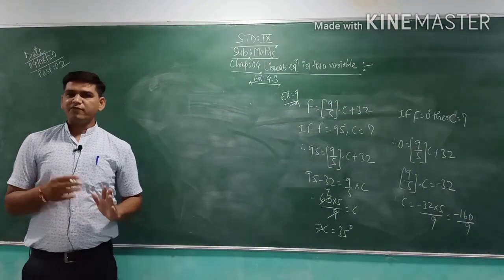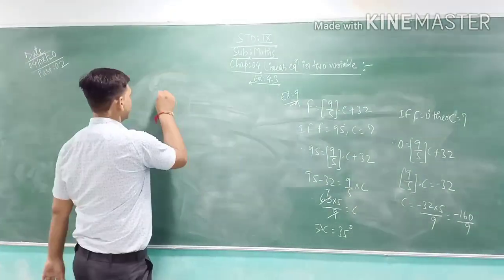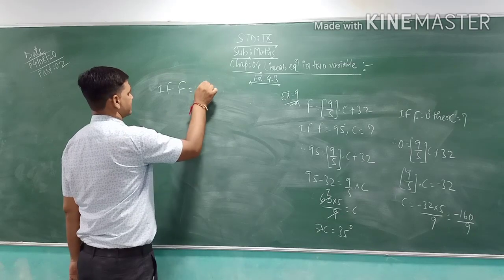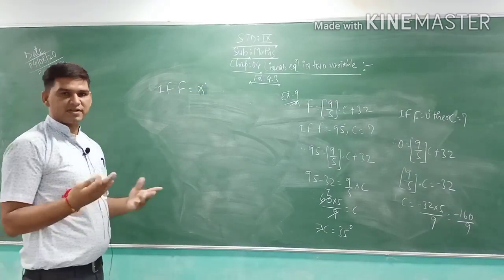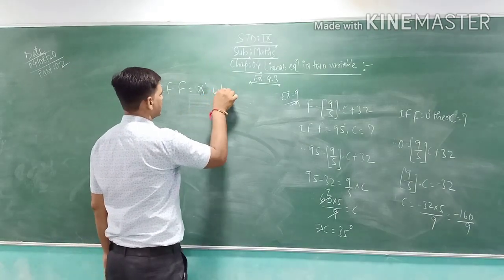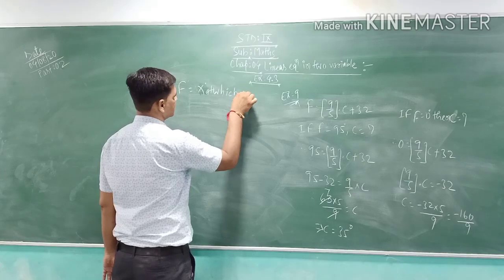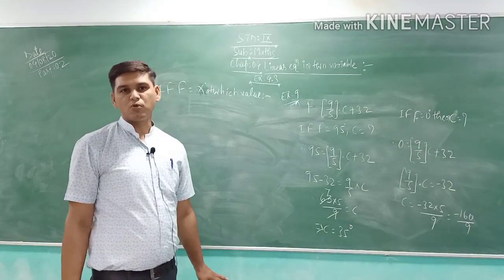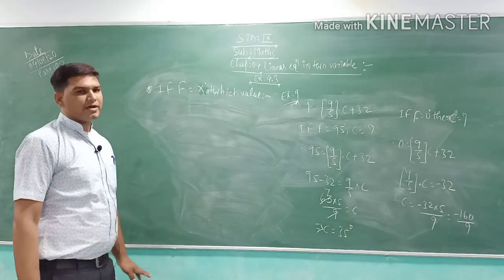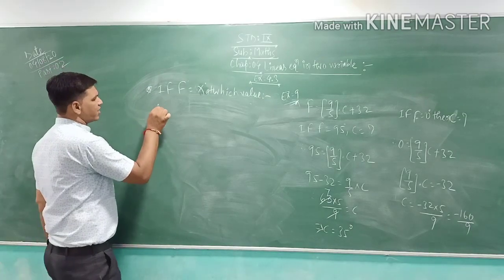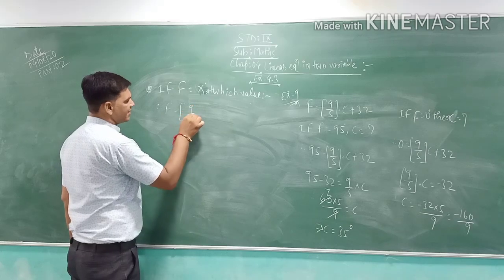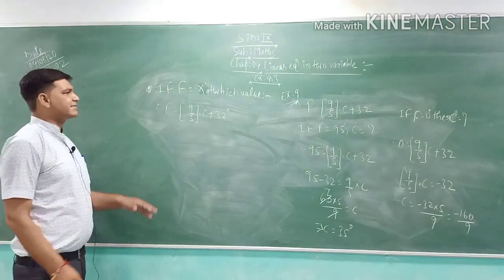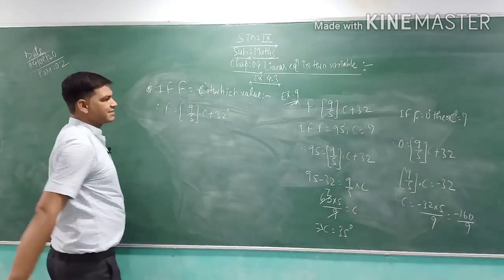So if Fahrenheit and Celsius are both the same, let F equal X, Fahrenheit is equal to X. Then at which value are Fahrenheit and Celsius both the same? The formula is F is equal to 9 by 5 into C plus 32 degrees.